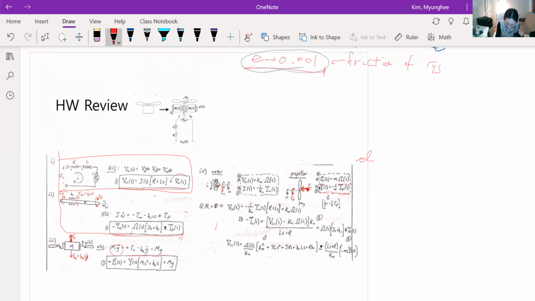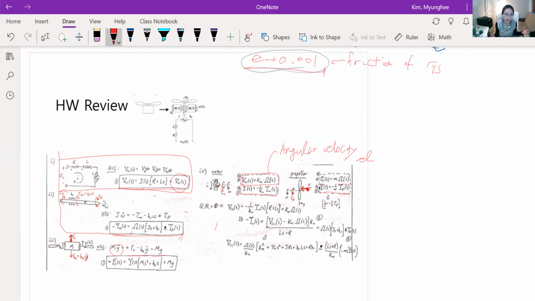And then we already know that Vm, which is the back EMF, is nothing but Km, the back EMF coefficient, times omega, which is angular velocity. And then also we know that torque is proportional to the current.